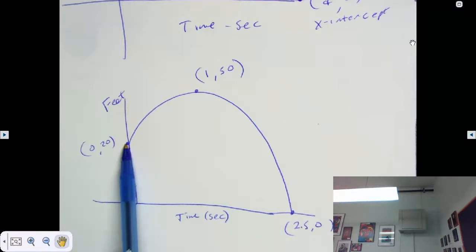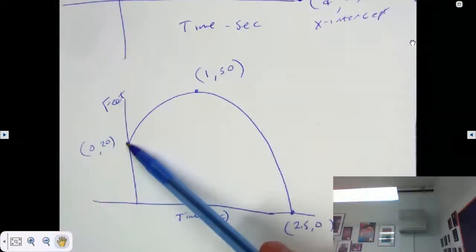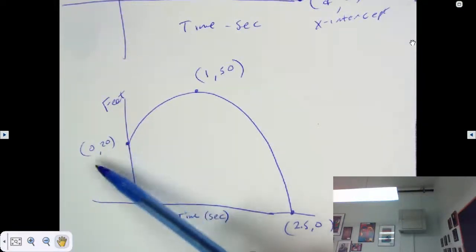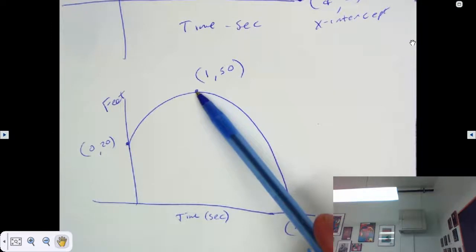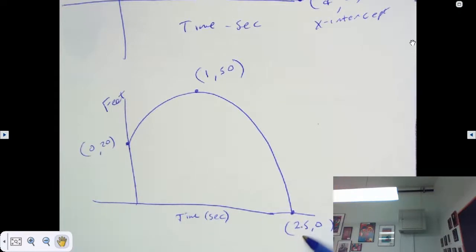Maybe it's on a mound, or maybe you're golfing off of a building or something like that. So you hit something off the top of something that's 20 feet tall at 0 seconds. After 1 second, it's reached the highest point at 50 feet. And then it keeps on going, and at 2.5 seconds, it splats on the ground, and you're back down to 0.